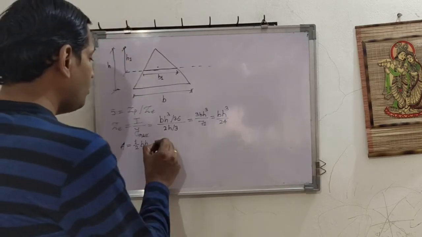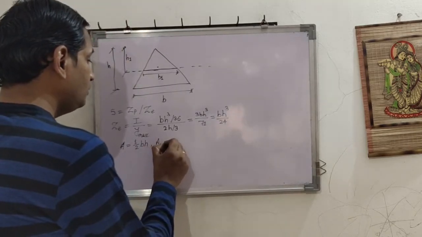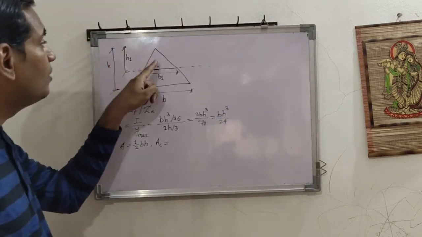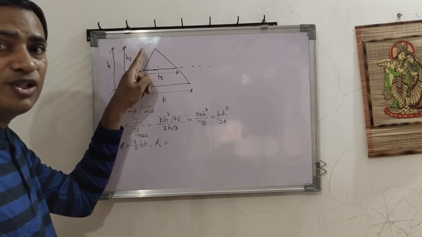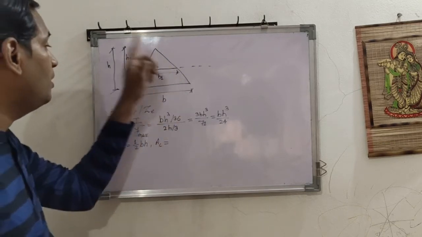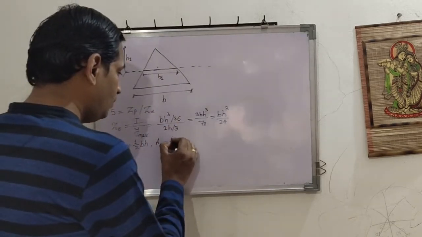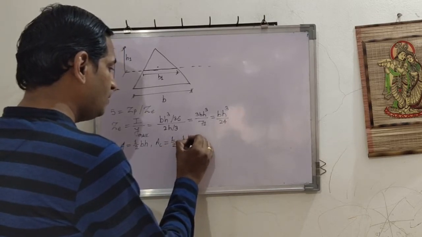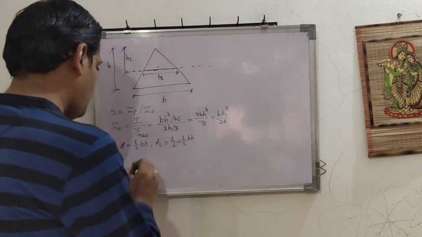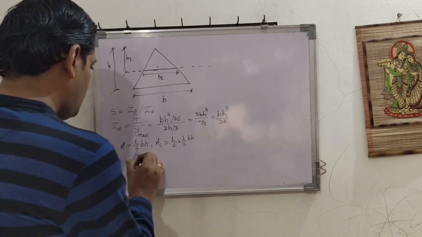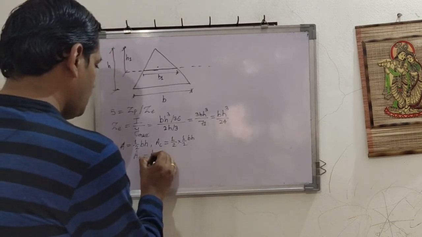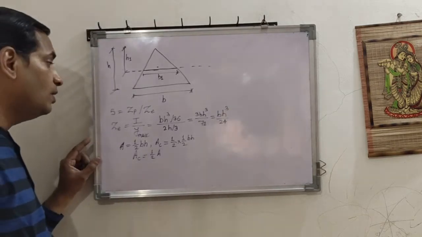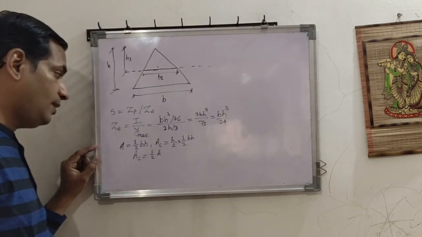So area in compression zone, since both are equal, means the area in compression zone is half of the total area. So half of the total area is half bh. So what we can say is Ac is equal to half times A.